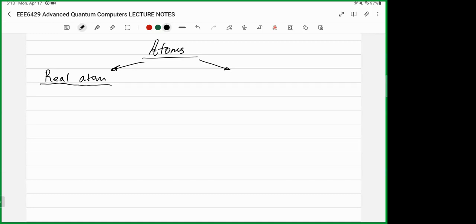But in addition to real atoms, we also have artificial atoms. I put these artificial atoms in quotations. It's not a real atom, but a physical system that consists of many atoms but behaves as an atom.